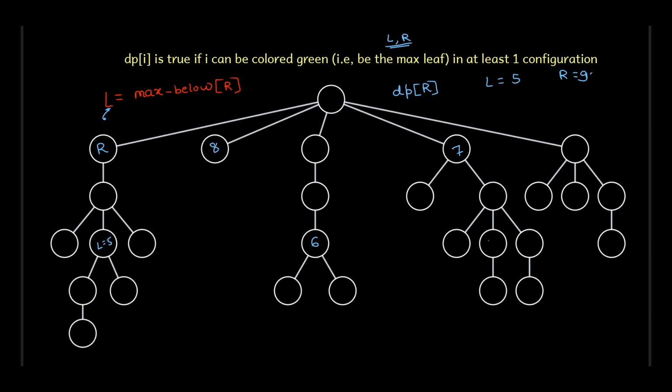Then you can see that dp of R would be nothing but dp of 6 or dp of 7 or dp of 8.